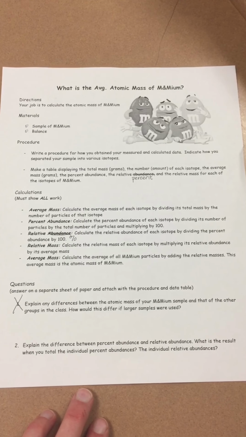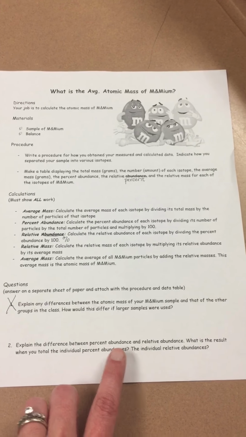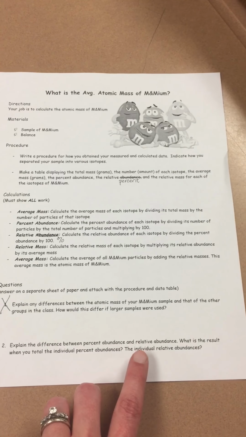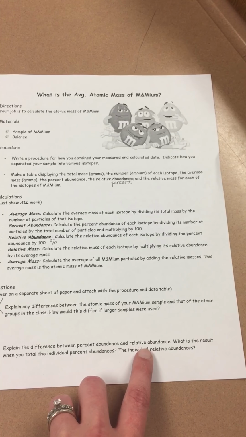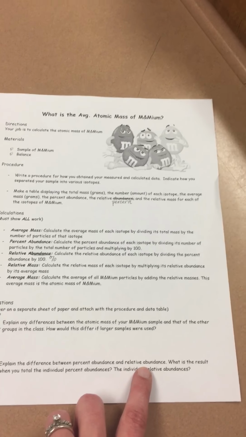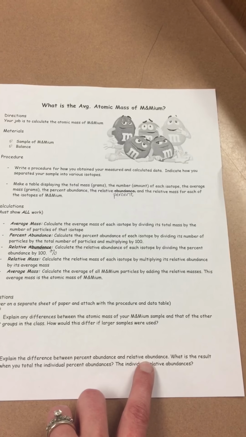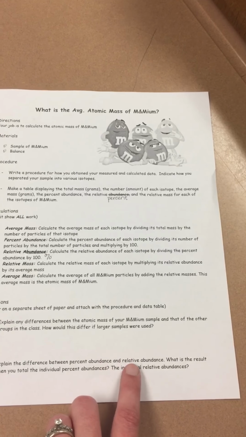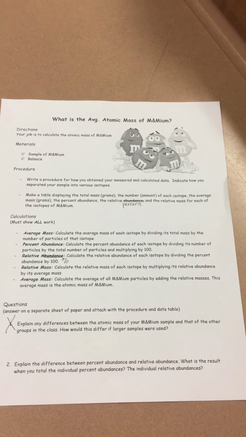Question number 2, compare relative abundance and percent abundance. Remember that for relative abundance, we did this in our notes, we assigned the highest percentage a value of 100. So make sure that you give me a clear differentiation between those two, okay?